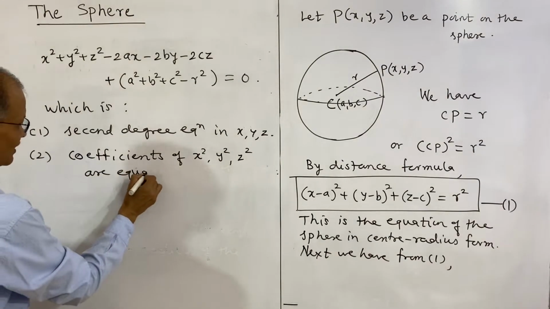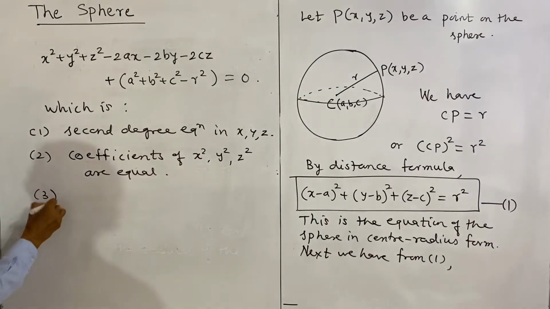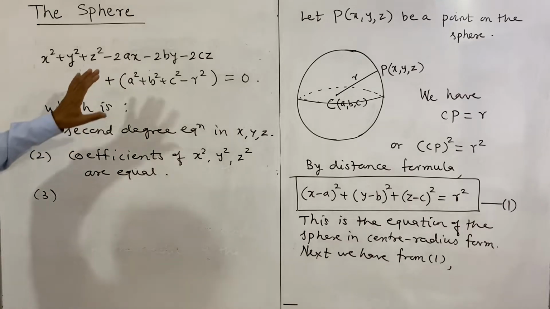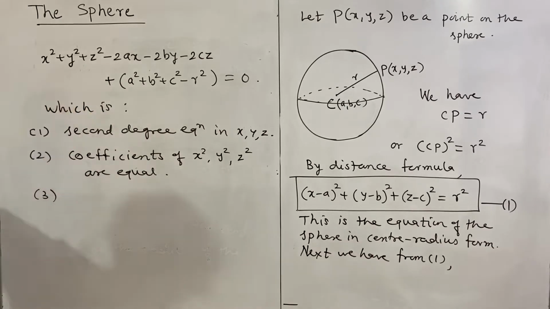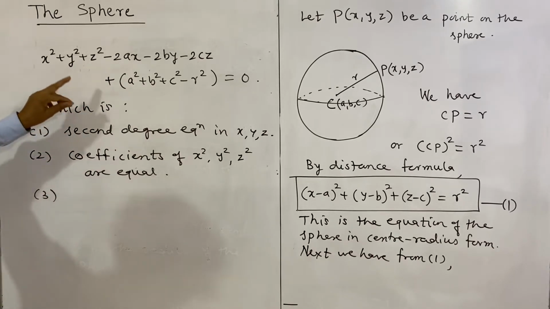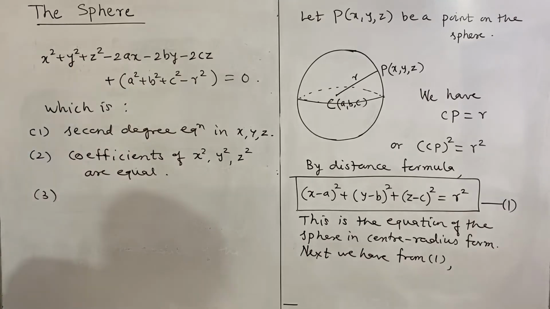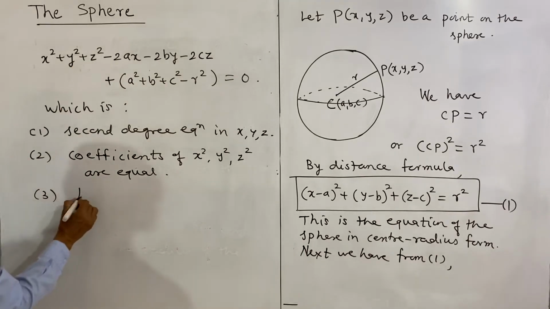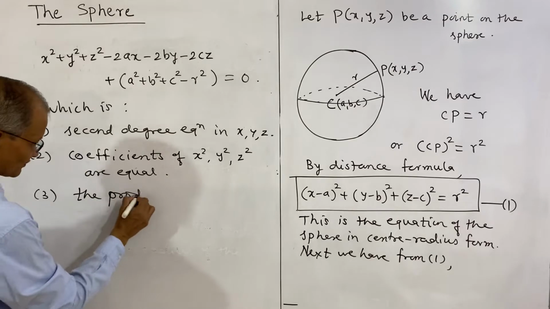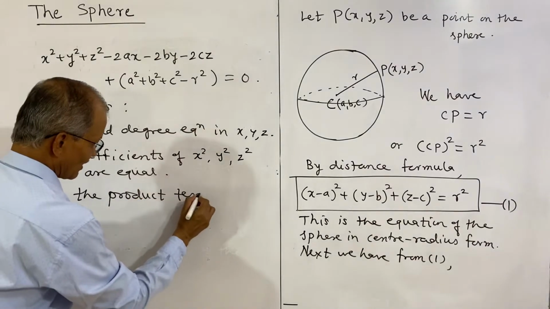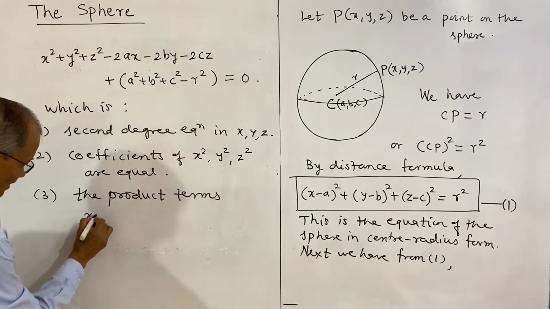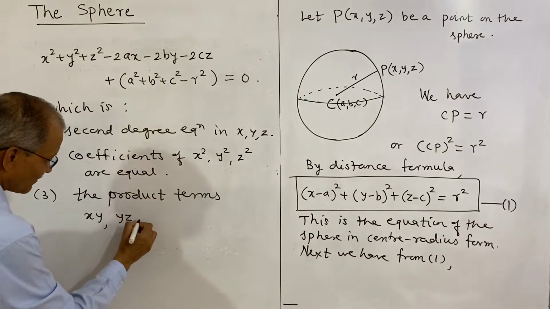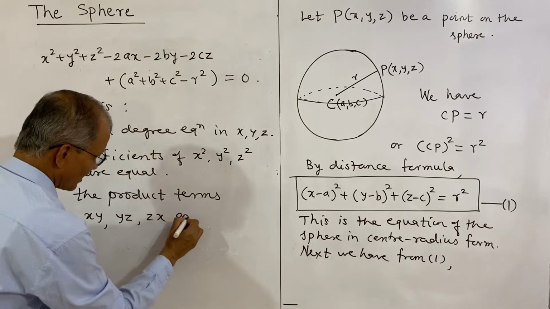And third thing we may note, these are the characteristics of the equation of a sphere. The product terms are absent, that is the terms of xy, yz and zx are absent.